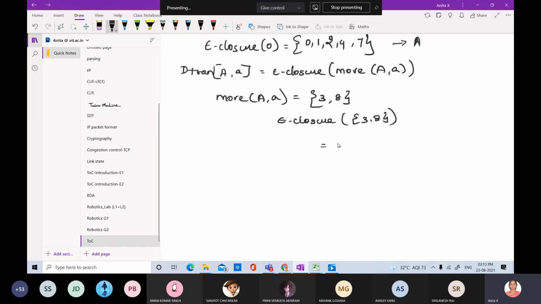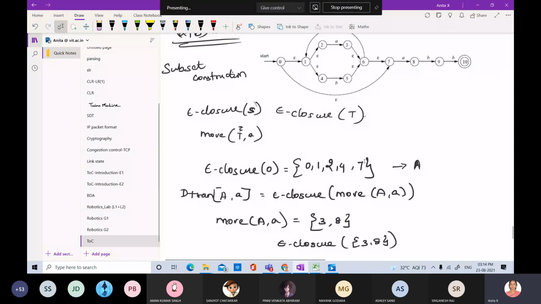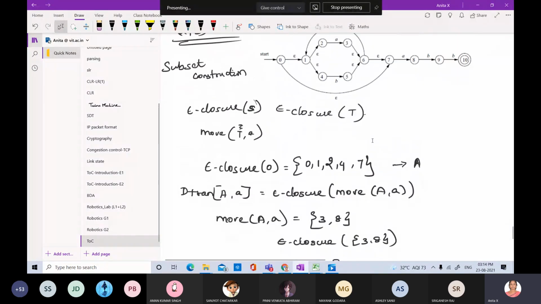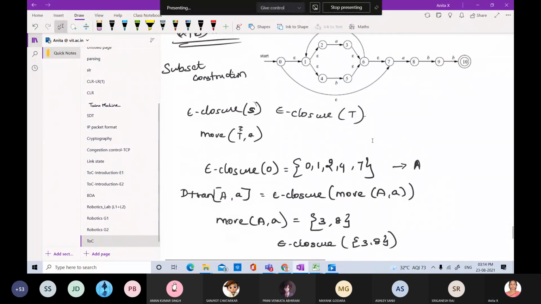Okay, first I have to proceed with finding the epsilon closure of 3. So what is epsilon closure of 3? It is nothing but the set of states reachable from 3 on epsilon transitions alone. As already discussed, each and every state is reachable to itself on epsilon transition, right?